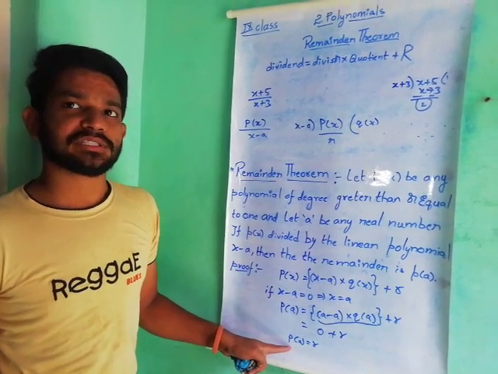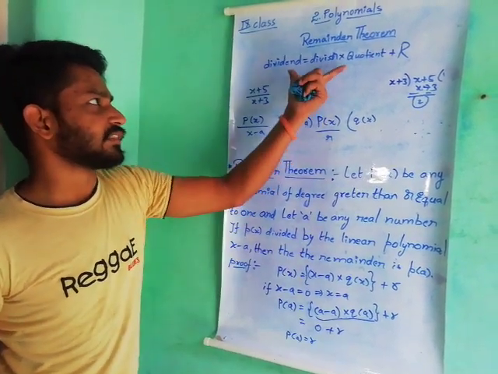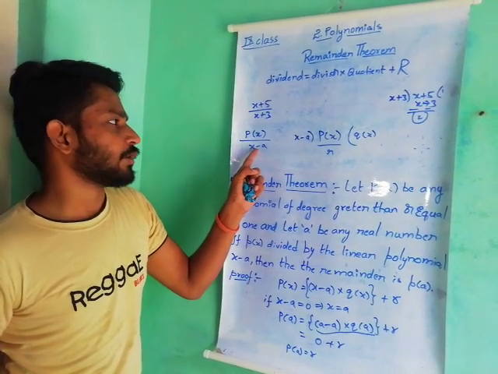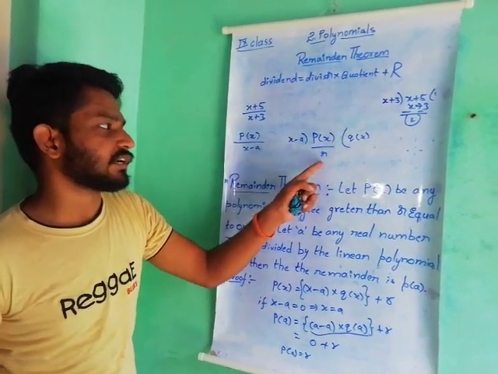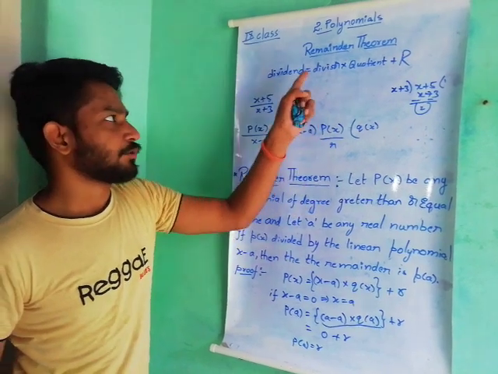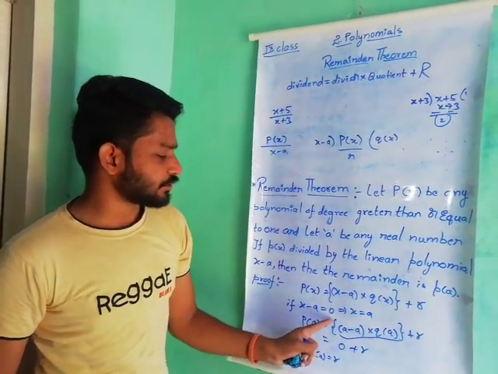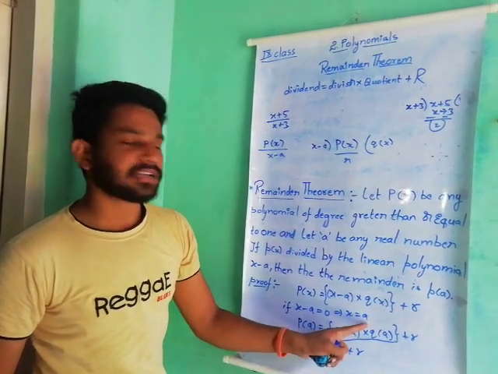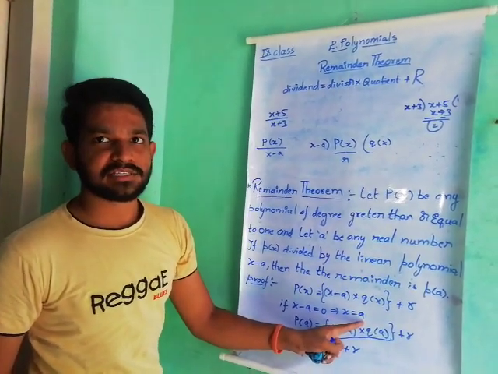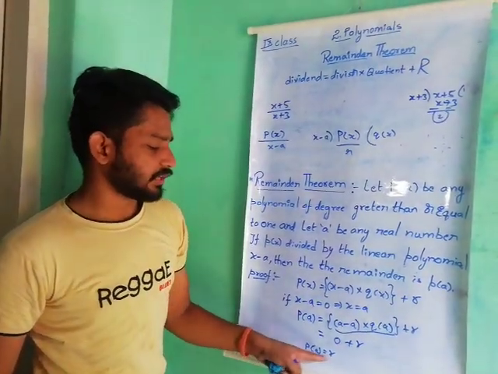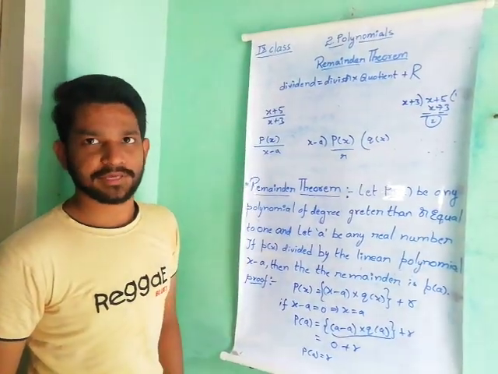How do we prove this theorem? Simply I take the identity. When one polynomial is divided by another polynomial, there exists a quotient and it leaves a remainder. So by knowing the identity I write like this. If I put the divisor equal to 0, then I get the x value, in the sense the a value also. So by replacing x by a, the remainder r is equal to P of a.